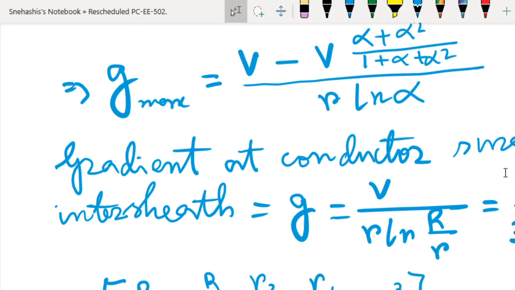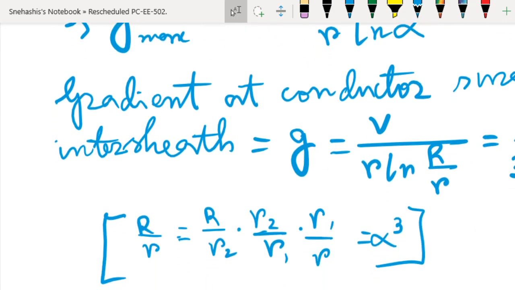Okay, that's the thing. And here if you simplify, I forgot to write that. If you simplify that, it becomes V by r ln alpha and there will be one term into 1 by 1 plus alpha square. Okay, so that is the scenario.